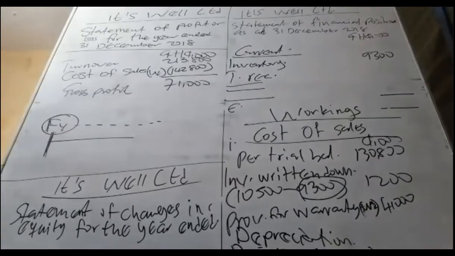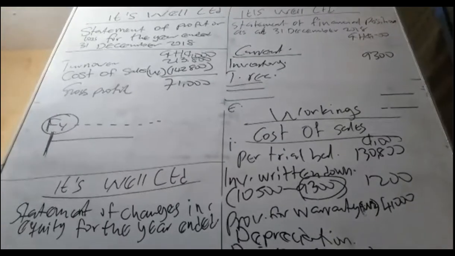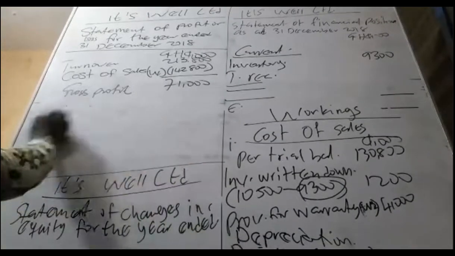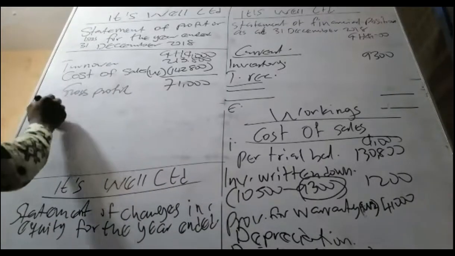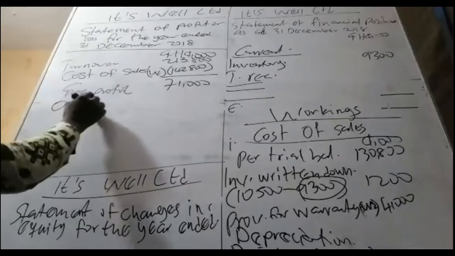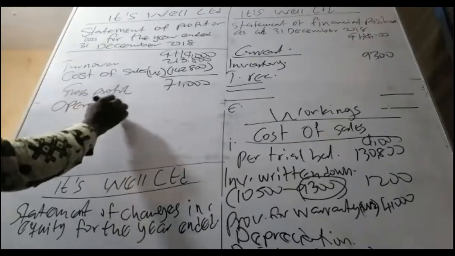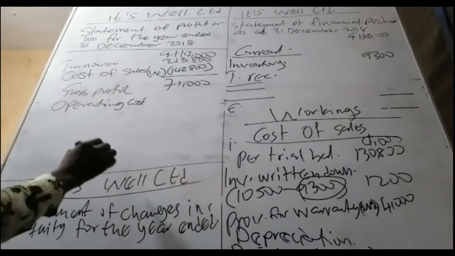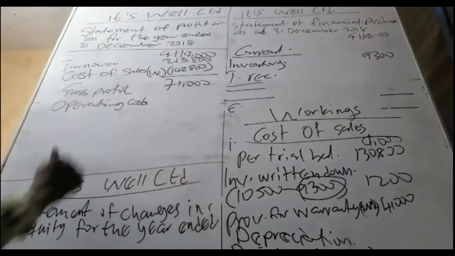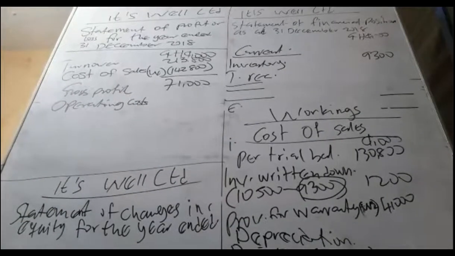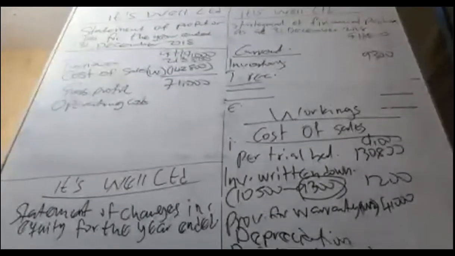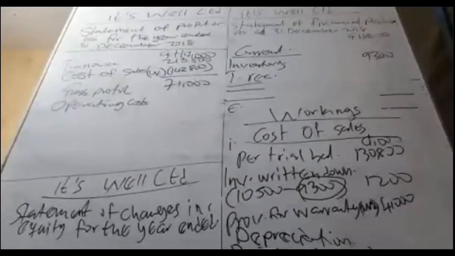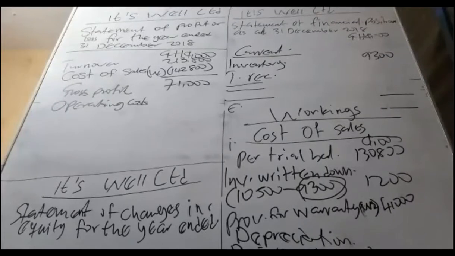Then what do we do? We go to the operating costs. Operating costs, as usual, I have to do some small workings there. Then we add that. So that's workings number 3.